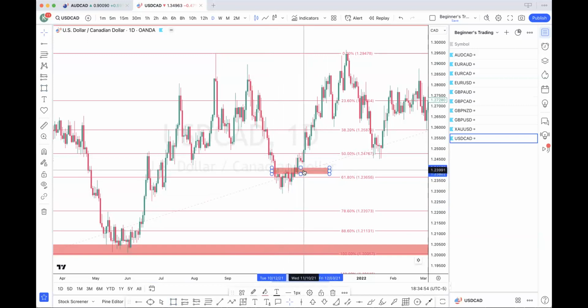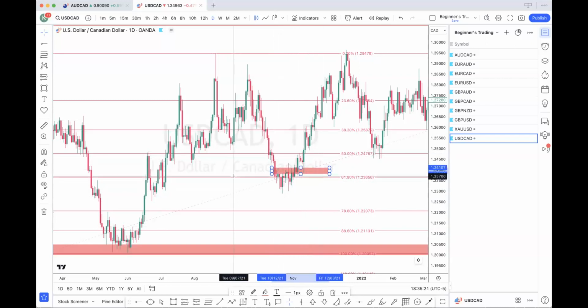So now for me, it tapped into the 618. The 618, 78, 88, I prefer to come back to the 78 or 88, but these are the optimal trading entries for me. And then once price broke through, I'm like, okay, so price is not going to the 78 or the 88.